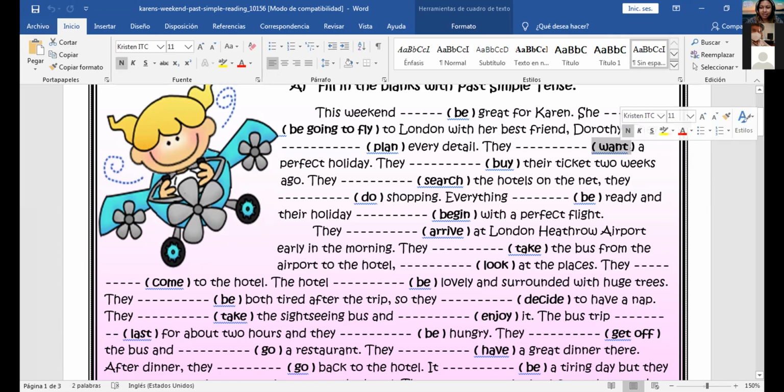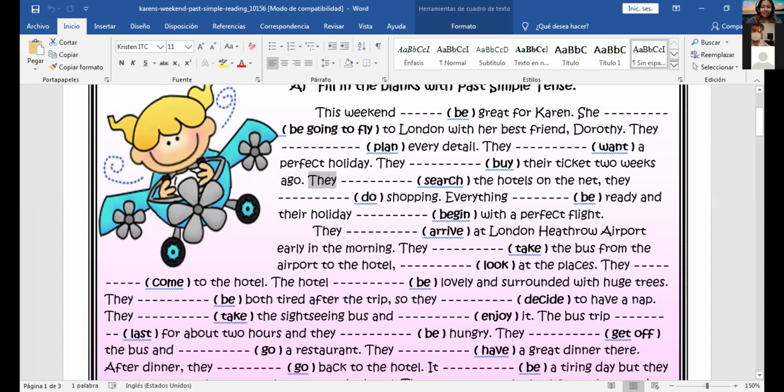They wanted a perfect holiday. They bought their tickets 2 weeks ago. Good.